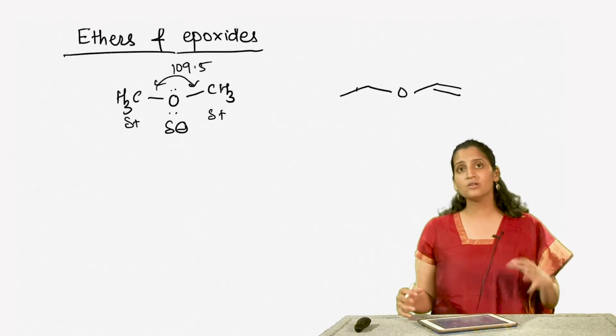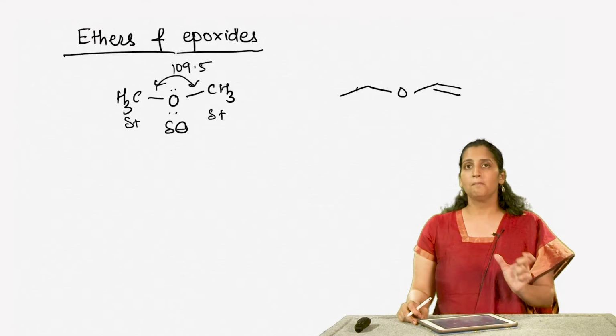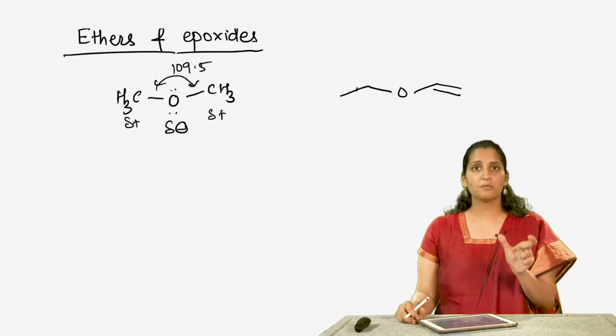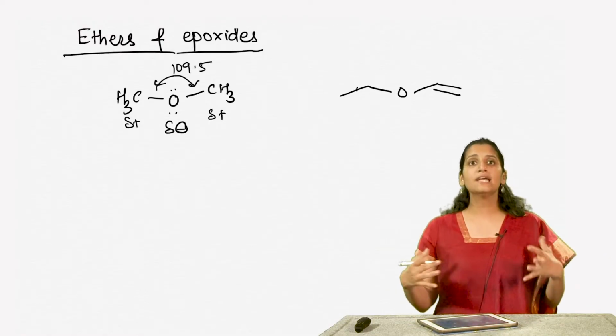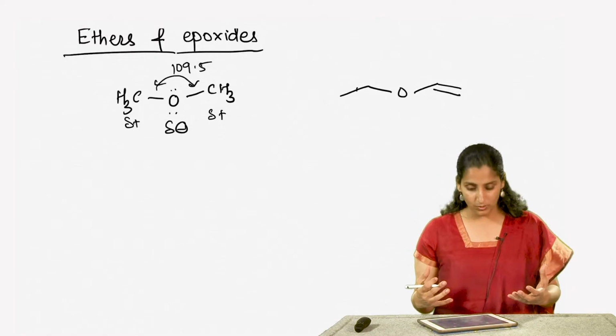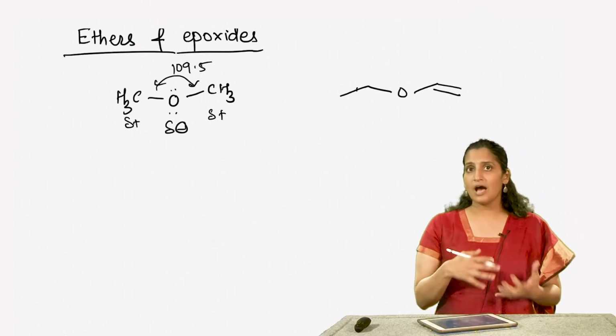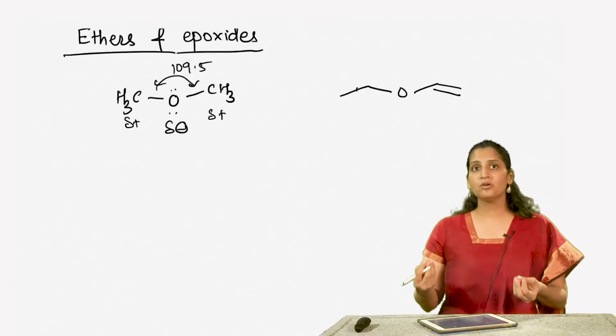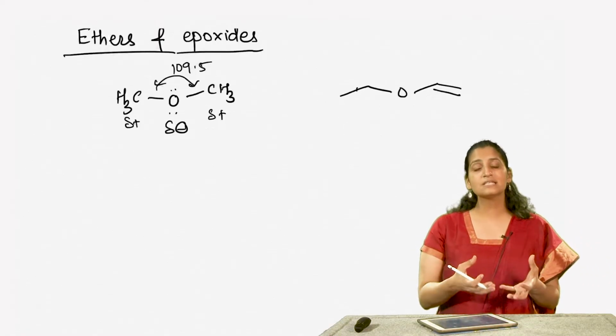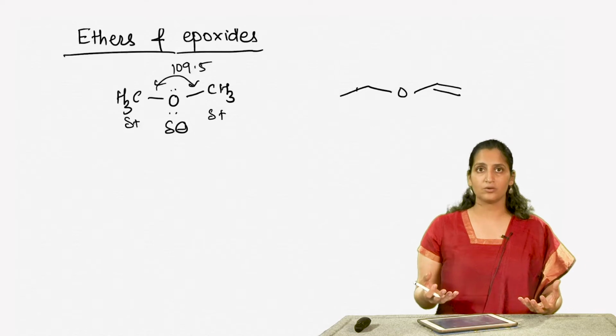So, in the case of alcohols, the OH bond made it really polar because the oxygen was highly negative and the hydrogen was highly positive, really creating that polarity in the molecule. In this case, ethers are polar molecules. However, there are only weak dipole-dipole interactions that are existing between two ether molecules.